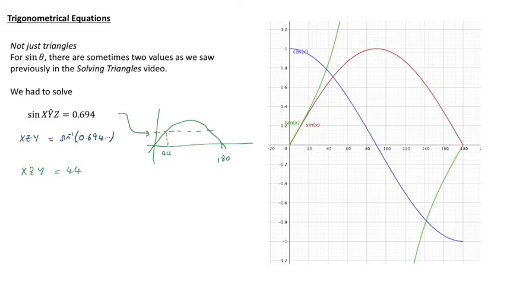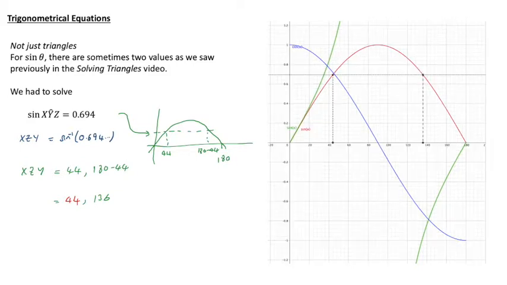The first place was at 44 degrees, but then it hits again, and because of the symmetry of the curve, the second place it hits is 180 minus 44, so that gives us our second solution. And that means we have 44 and 136.